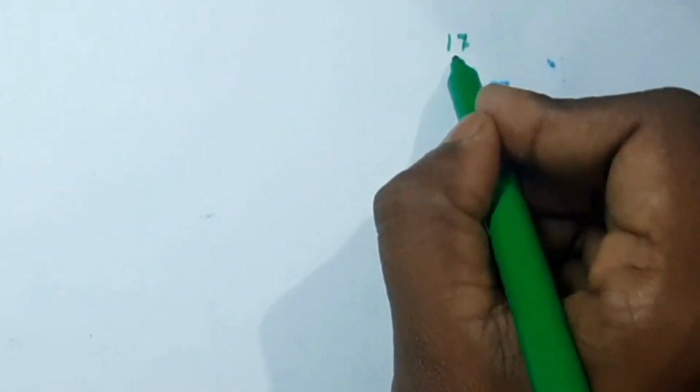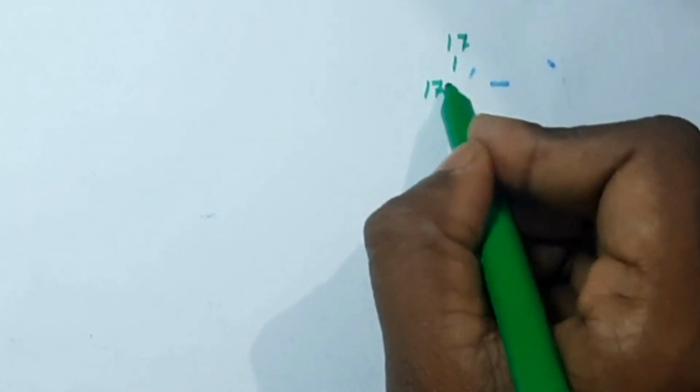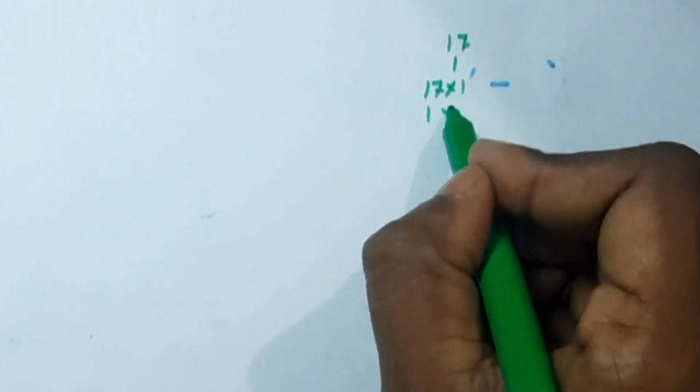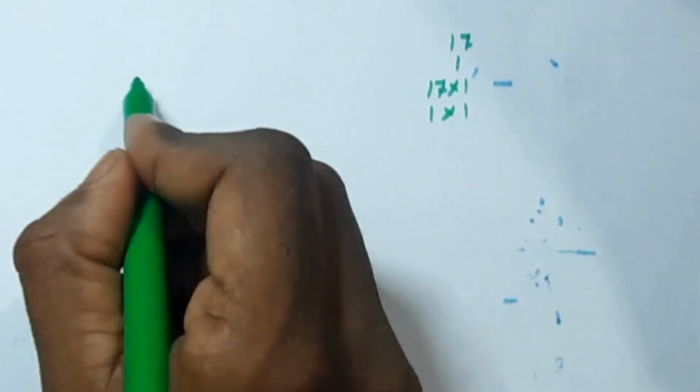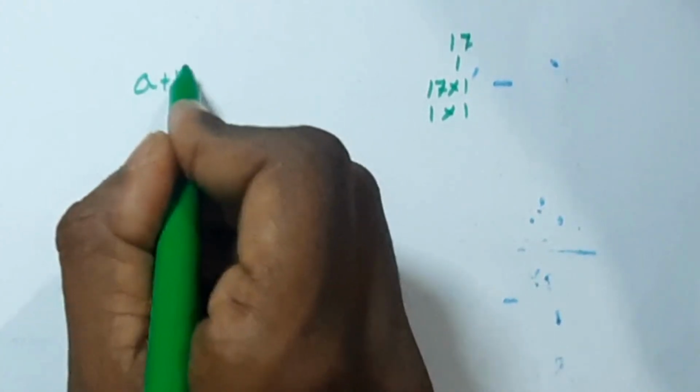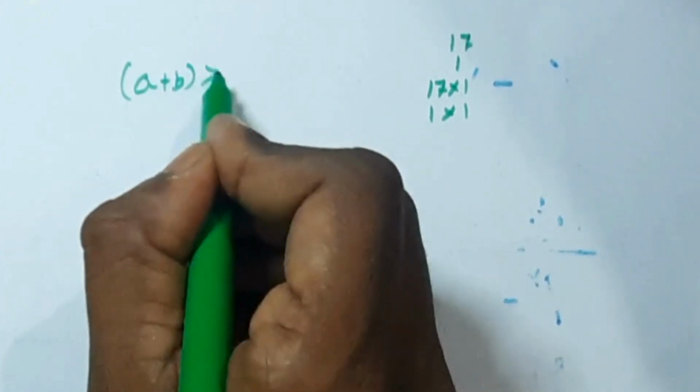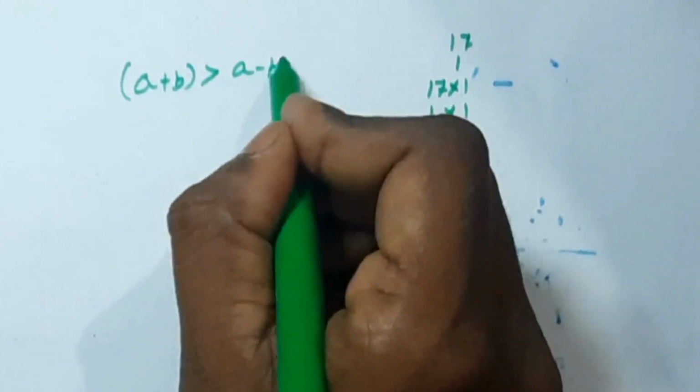17 can be written as 17 into 1, 1 into 17. If you see this equation, a plus b is greater than a minus b.